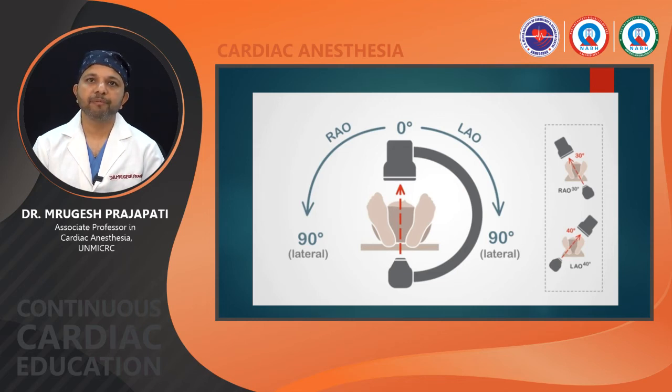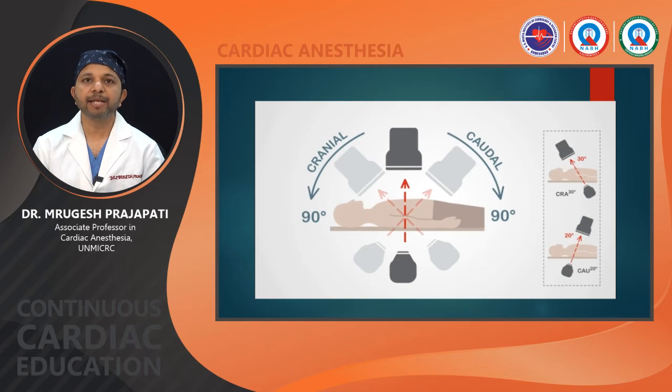If the image intensifier is positioned right and anterior to the patient, then it will be a RAO view, and if the image intensifier is on the left and anterior portion of the patient, then it will be a LAO view. Likewise, when the image intensifier is toward the head of the patient, it will be a cranial view, and if it lies towards the leg, then it will be a caudal view.